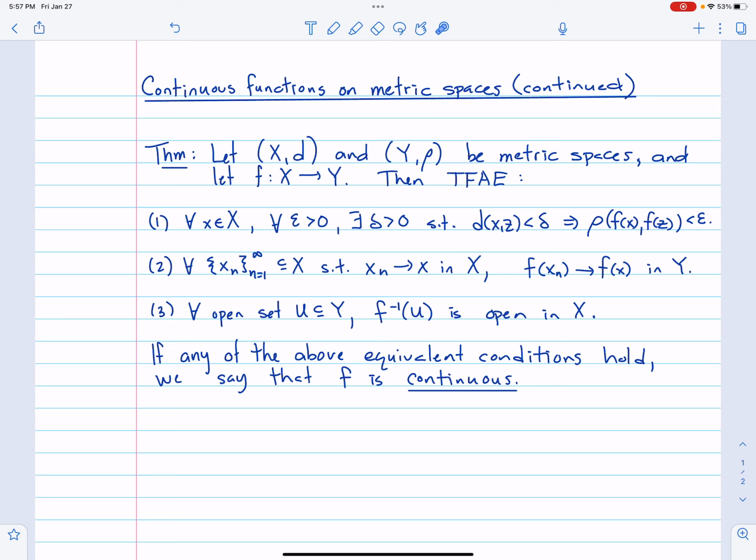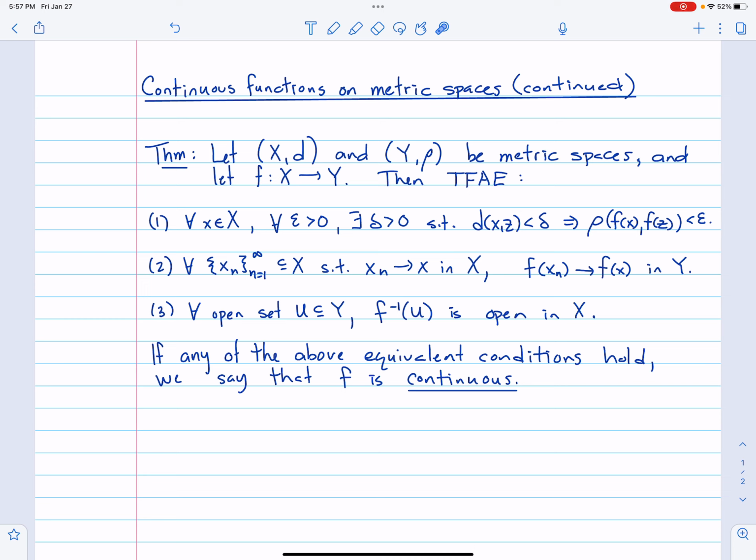That characterization basically says whenever we have a convergent sequence in the domain, which converges to a point that we'll call x, then the images of the sequence points, the f of x sub n's, form a convergent sequence in the codomain, and it's going to converge to the image of the limit in the codomain. Okay, so that's a sequential way to define continuity for a function.